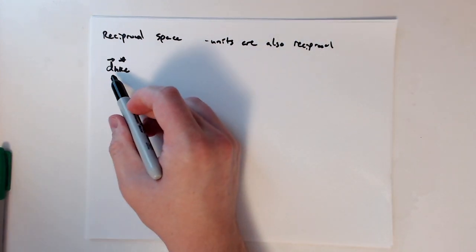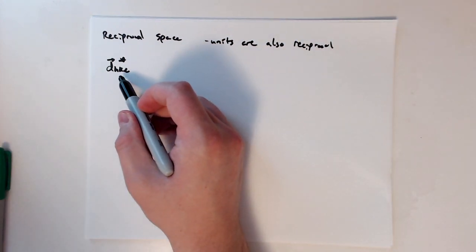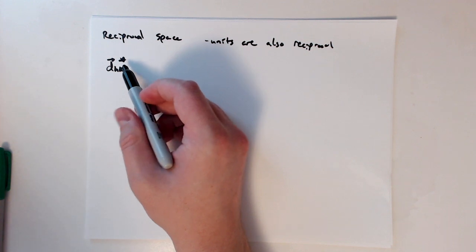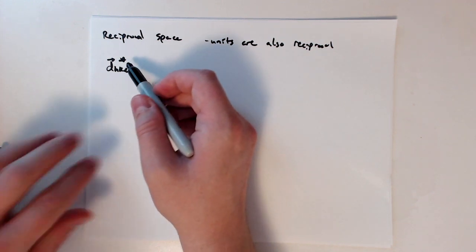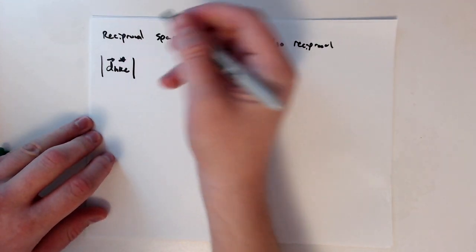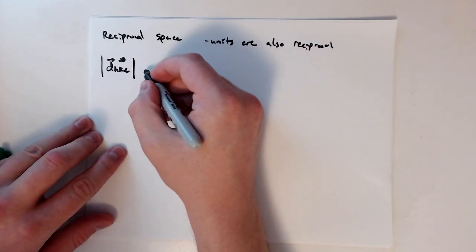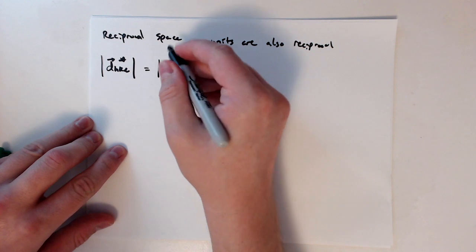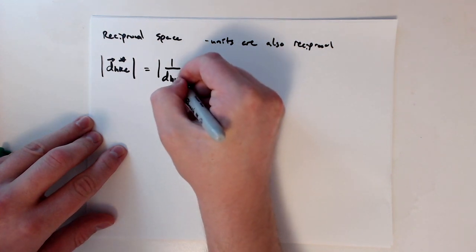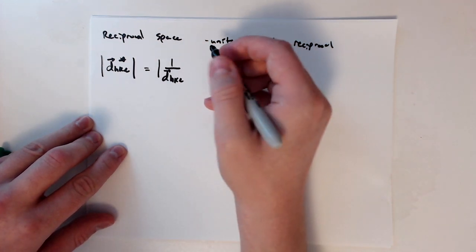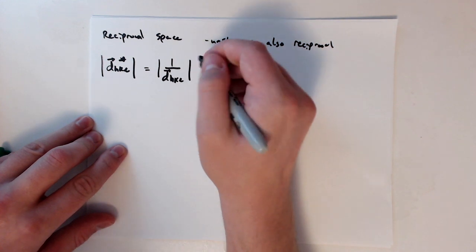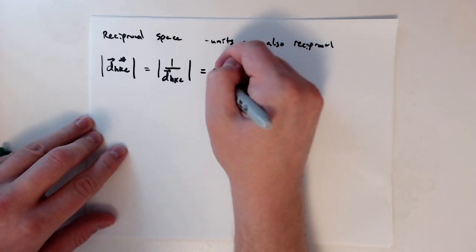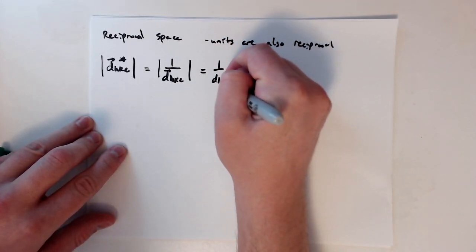So we think of d_hkl as the interplanar spacing, but this is in reciprocal space. So the length of this, the absolute value, is actually equal to 1 over the length of d_hkl vector in real space, right? So that is 1 over d_hkl.